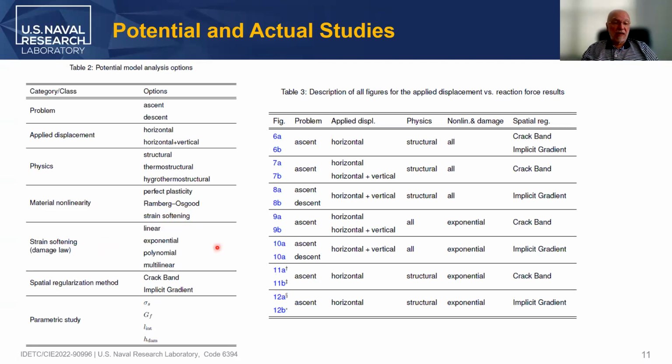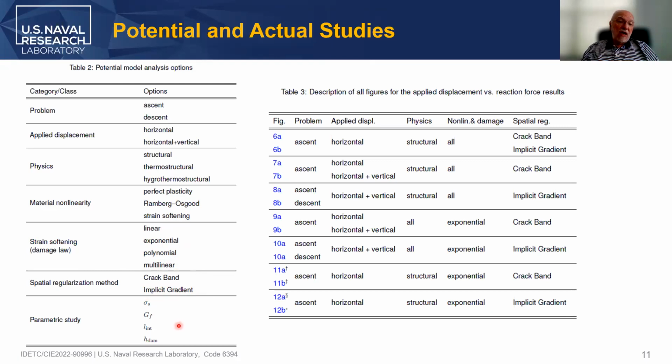We have the material nonlinearities coming from the softening of the adhesive due to damage. We have also the fact that we need objectivity on the damage formalism. We require some regularization method, and there are at least two techniques, the crack band technique and the implicit gradient technique, that we actually can exercise.